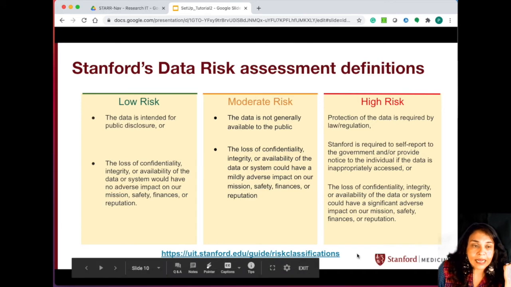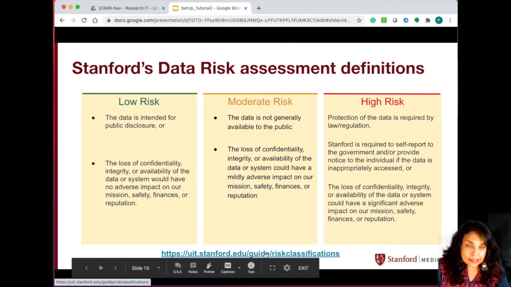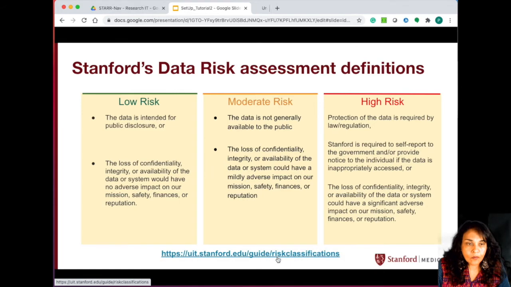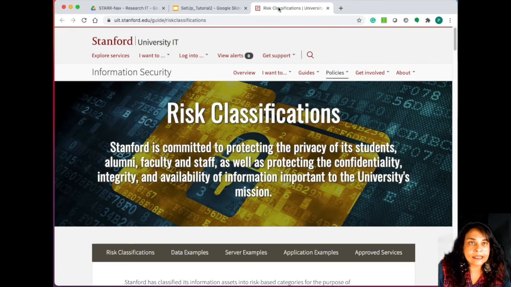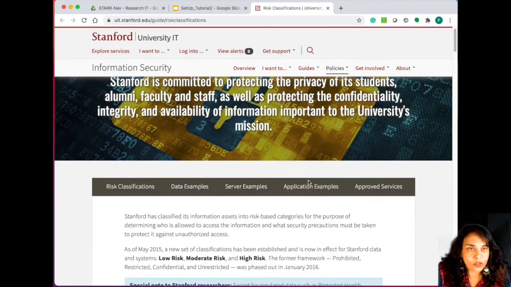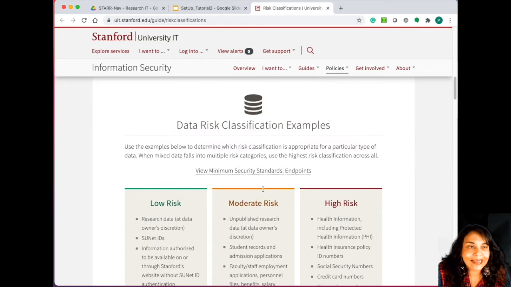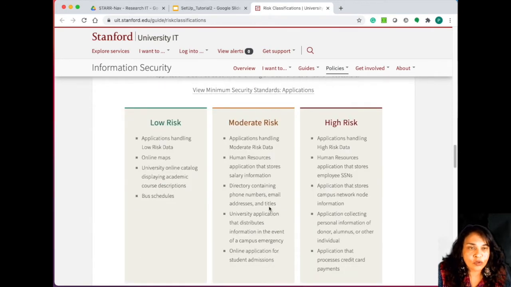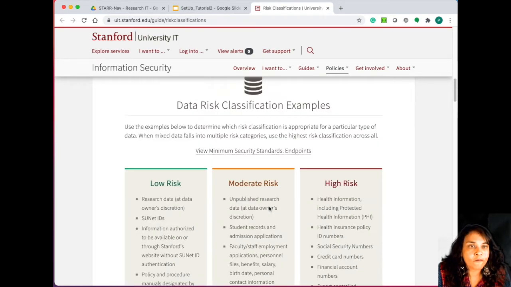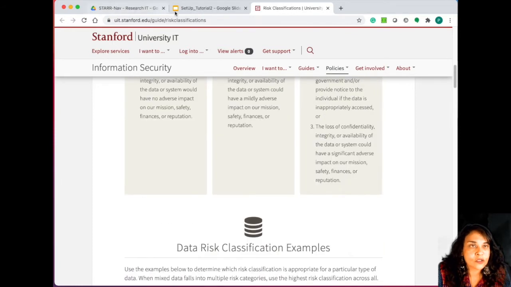That URL can take you to a really nice outline of how the risk classifications are done, what they mean by each, and data examples of all the risk classifications.